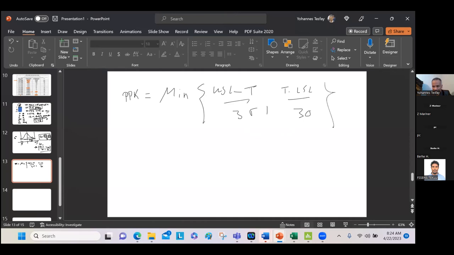Minimum of that. What is the difference? PPK is a performance indicator. Performance. Is it clear? Performance indicator. While CPK is a capability indicator. Capability.